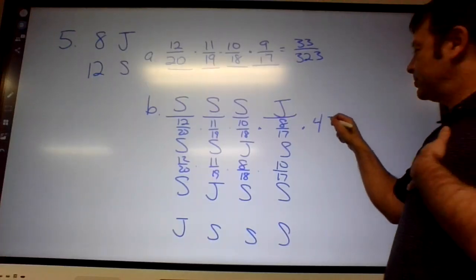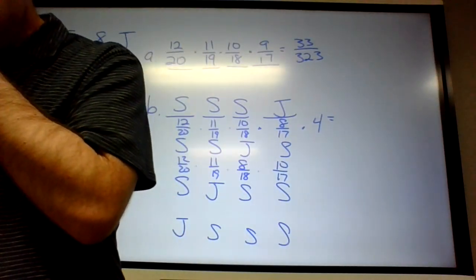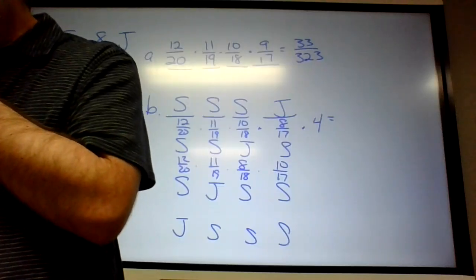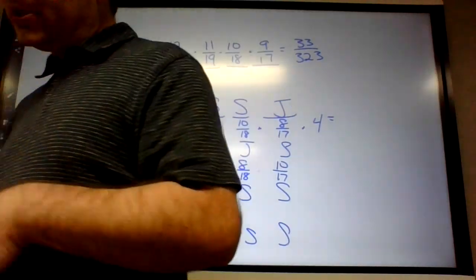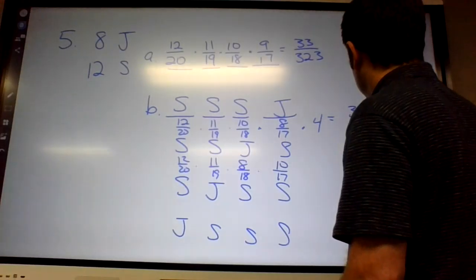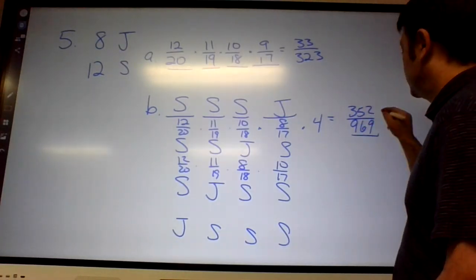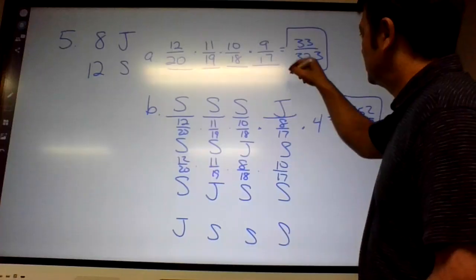What's that come out to? I'm looking for it. 352 out of 969. Okay, maybe I should start circling my answers.